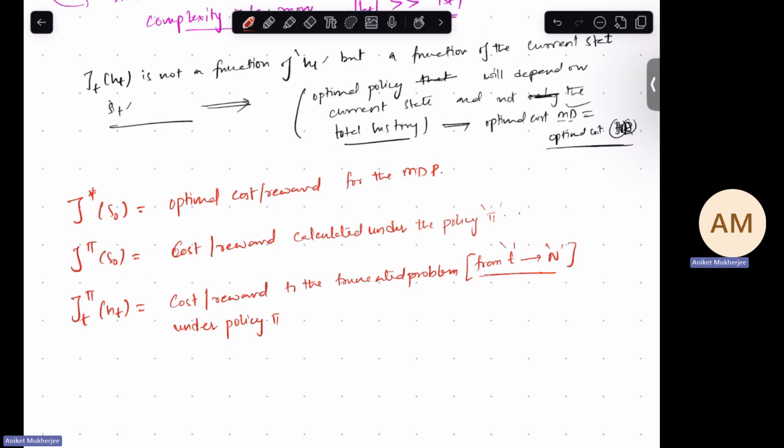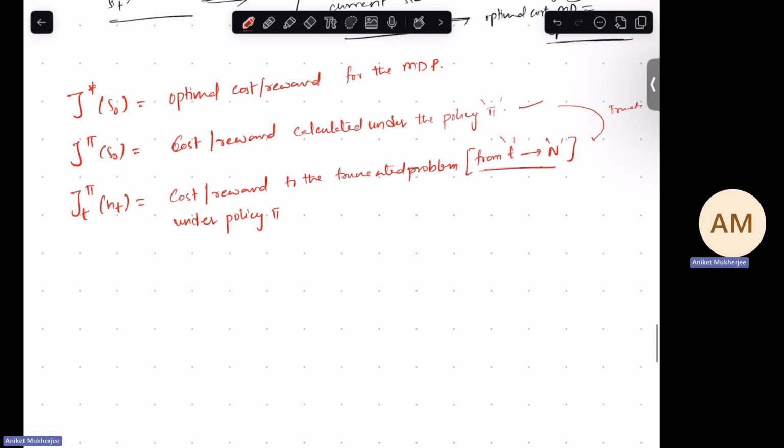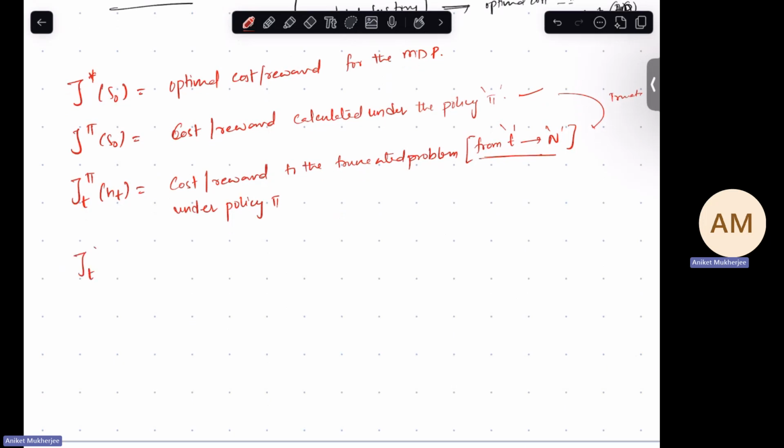So basically, this is the total policy. This is the truncated version. Okay. Next is JT star HT. Optimal. Here, this is optimal expected cost or reward. This is also expected cost or reward.